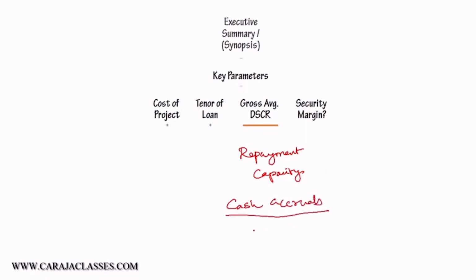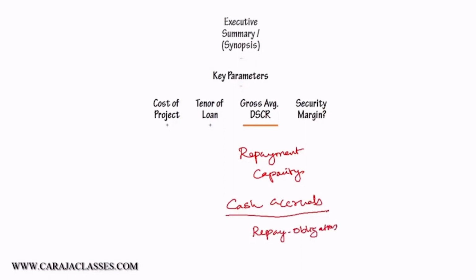Then the sanctioning authority will be interested in knowing what the gross average DSCR is, because this is what is going to measure ultimate repayment capacity. We'll be having dedicated sessions on gross average DSCR, but to put it simply, it is basically the cash accruals available for servicing the loan divided by repayment obligations.